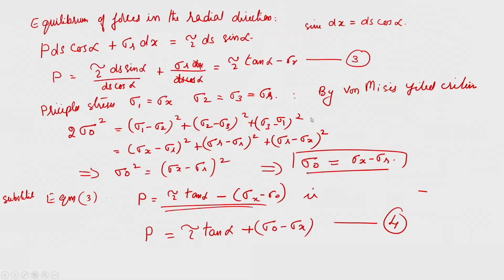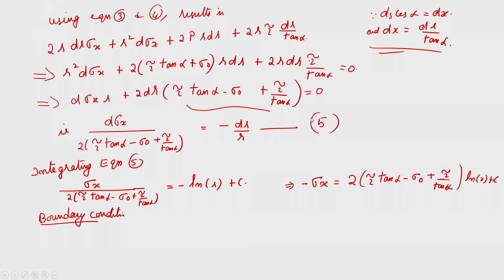So that is one boundary condition. That means at the die exit, r is equal to r1 and sigma x is equal to 0. You write this as equation 7.